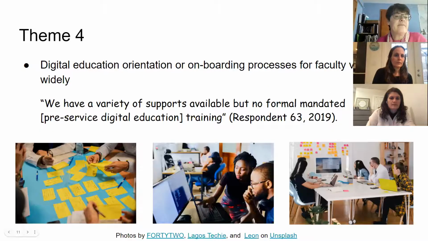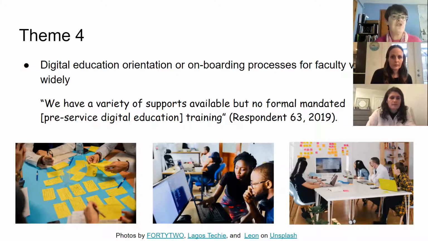The fourth theme that we outlined in our study showed that we were encountering the entire continuum here. Digital education orientation and onboarding was everything from institutions mandating orientation and onboarding prior to beginning to teach online.